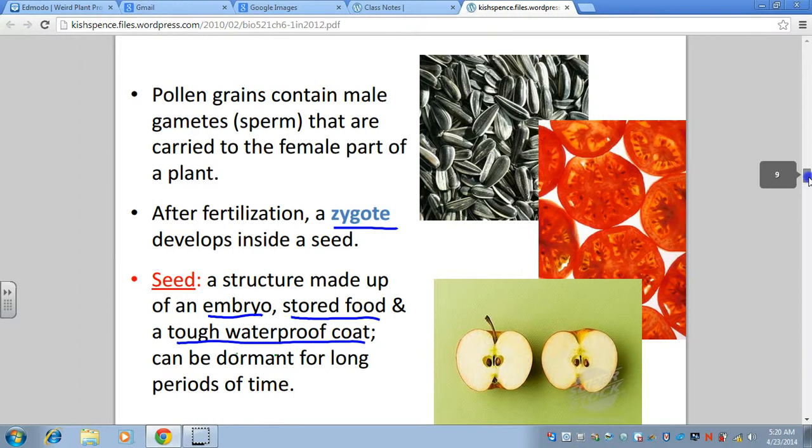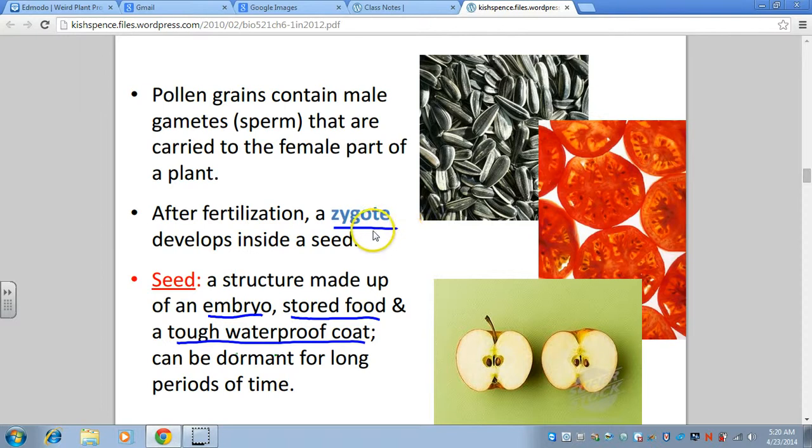Pollen grains contain the sperm, so there's certain cells in them that will develop into the sperm, and so when the pollen lands on the part of the flower or in the cone on a cone-bearing tree, then they'll form a pollen tube for the sperm to swim through down to where the egg is.